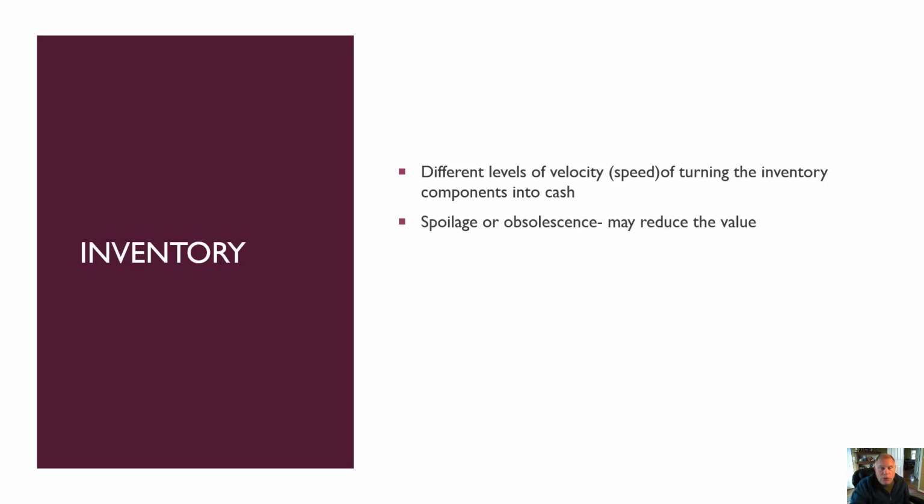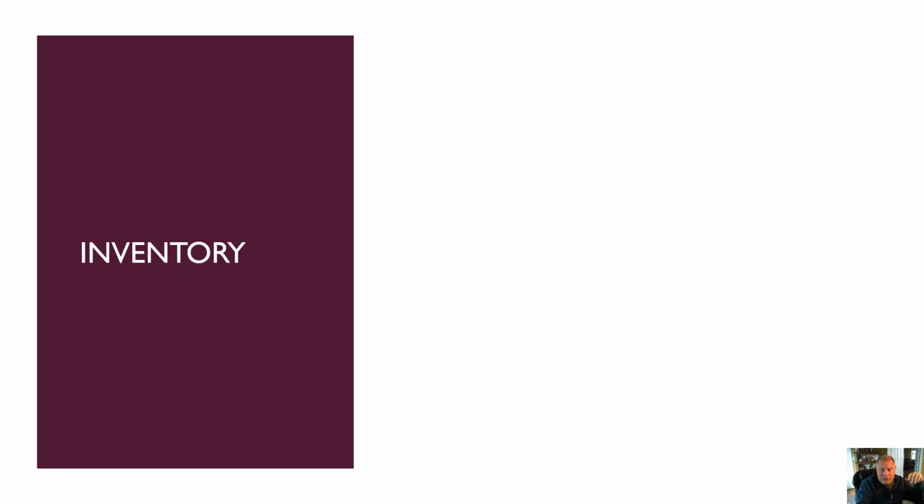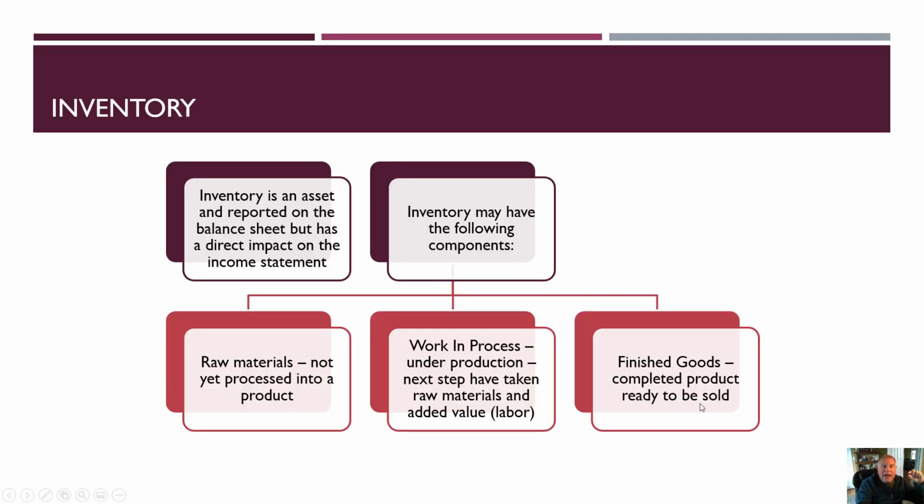Okay, so each one of these right here has a velocity or speed of turning into cash. And cash is so important. It's the lifeblood of any organization. So the speed by which it can work through these becomes important.